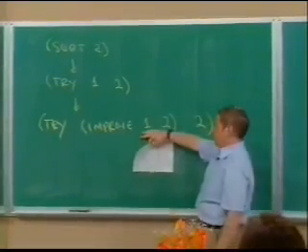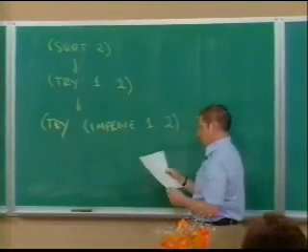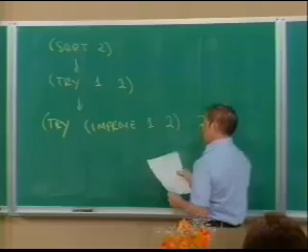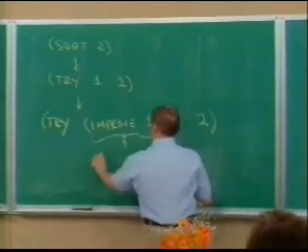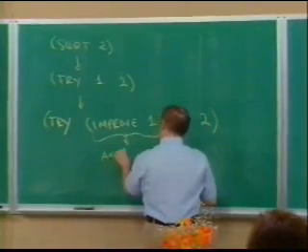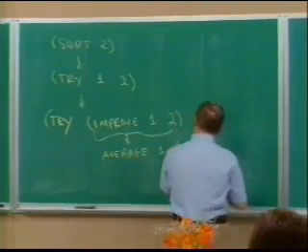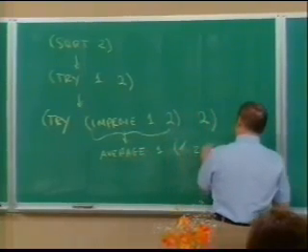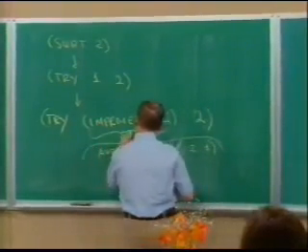Improving 1 as a guess for the square root of 2 means I average 1 and 2 divided by 1. So this is going to be the average of 1 and the quotient of 2 by 1. That's this piece here.